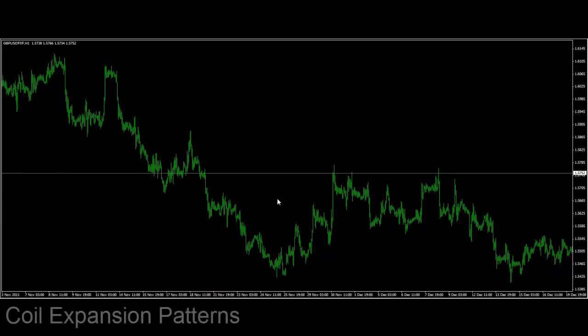Alright guys, we're going to look at a coil. Okay, and a coil is when price enters a very tight consolidation.